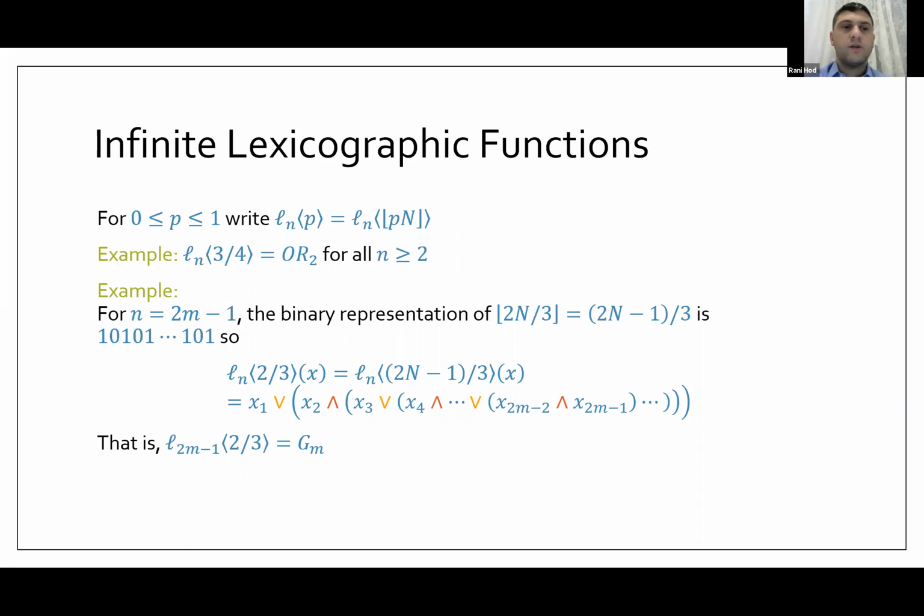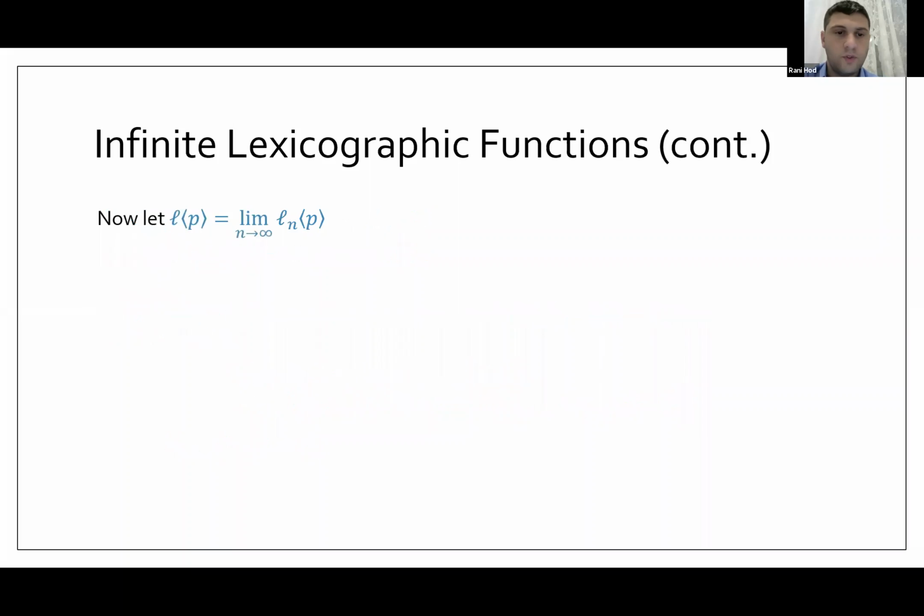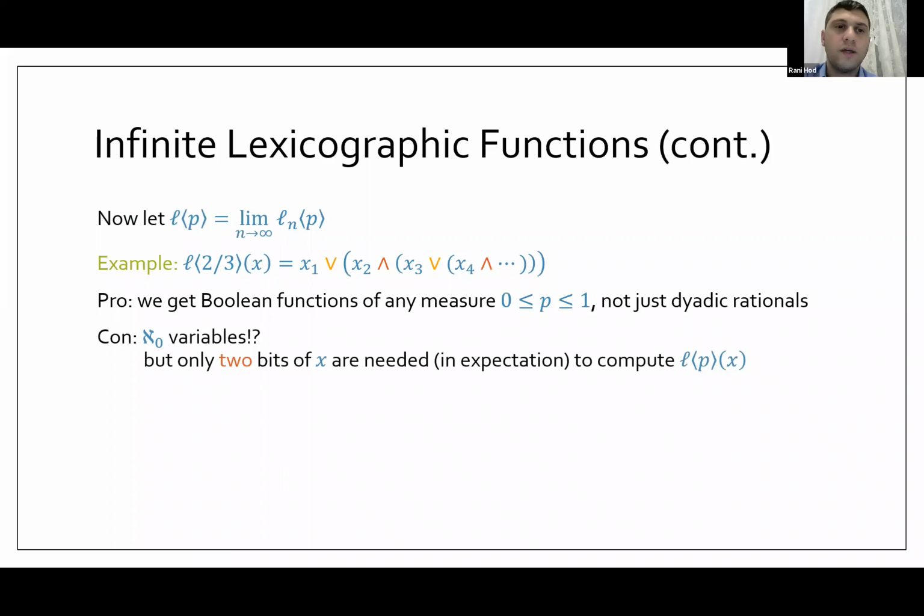If we take the lexicographic function, and we take 2m-1 variables, and our p is going to be 2/3, then we get this gm. So what was gm? We'll get to it in a minute, but the logical thing now would be to take n to infinity. So this is going to be a function on infinitely many variables.